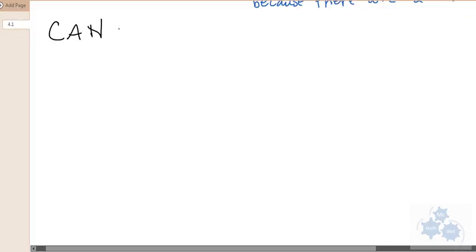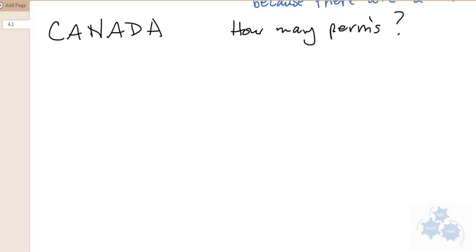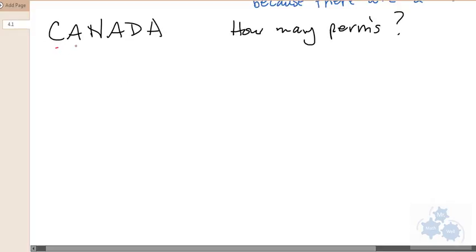Okay, so Canada. So the question is, how many permutations do we have for the word Canada? And what you notice, first thing you want to notice, is you count all the letters, 4, 5, 6, so there's 6 letters. So the number of permutations is going to be 6 factorial. We know that's going to be part of it. If they were all distinguishable, all different, that's our answer, right?